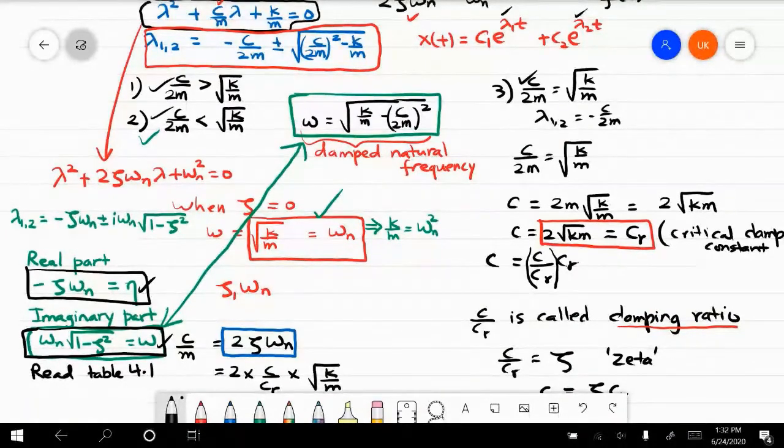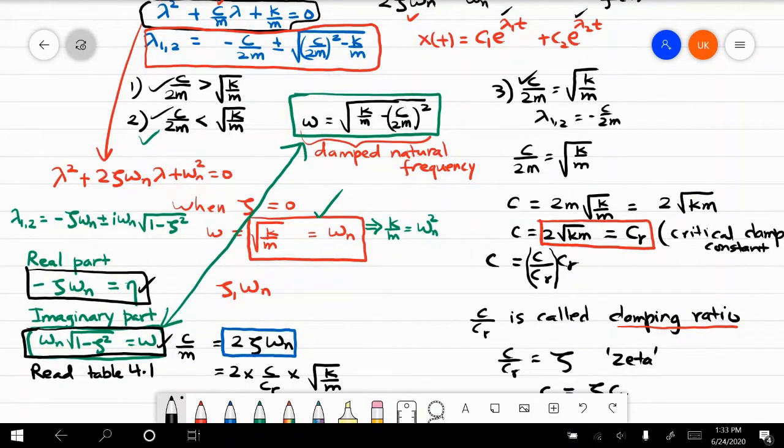So now we will try to apply what we have learned. As I had said before we started this topic, we are going to learn about the general behavior of the solutions of the second order differential equation, and we are going to use it in some aircraft related physical scenario.